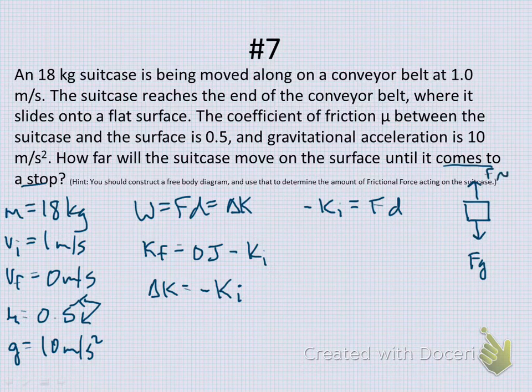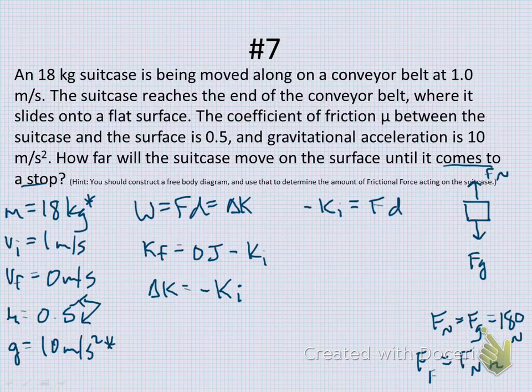So in order to find the force of friction, using mu, you need the normal force times mu. So our normal force is going to be equal to the gravitational force, which is equal to m times g, and so our m is 18 kilograms, our g is 10, so our normal force is 180 newtons.